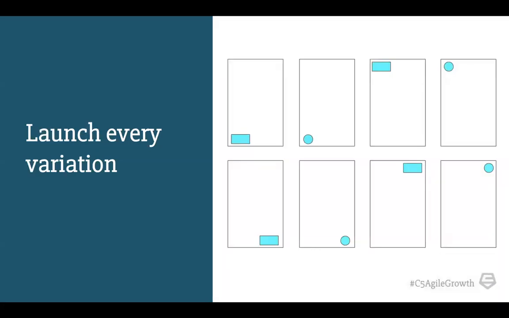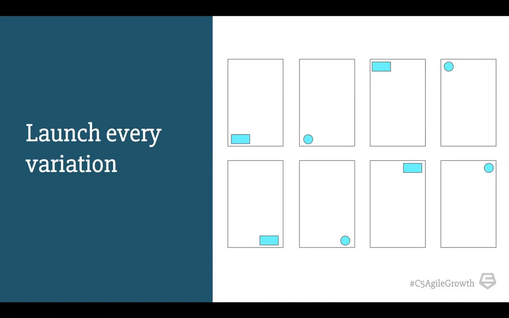So specifically, if you're doing growth design and growth hacking, one really important thing to do is to launch every variation of a test. If you launch a big new test, in an A/B style fashion, and you have one landing page and then a very drastically different landing page, and one performs better than the other, it will be hard to know why.